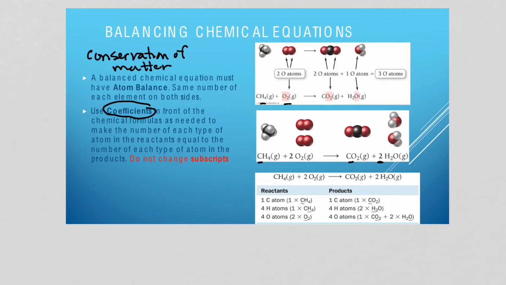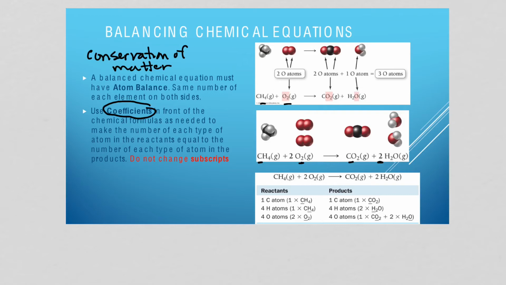And lastly, I'm going to look at the oxygen, because oxygen appears in 3 different spots. So we'll save it to the end. Makes us have to do a little bit less backtracking at the end of the process. So we see, to start out, we have 2 oxygen atoms on the reactant side from our O2.